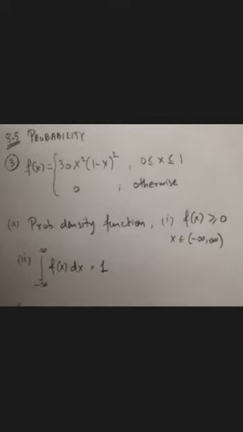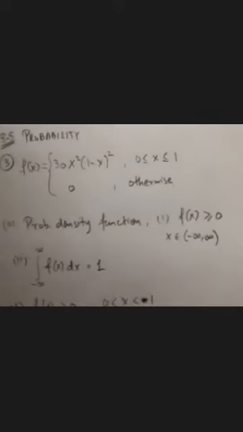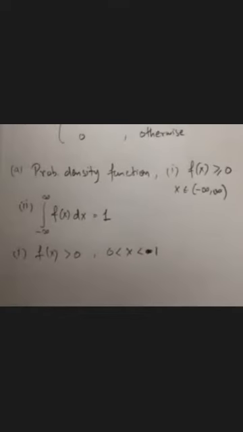So for the first property, we see that f of x is greater than 0 when x is greater than 0. Why?